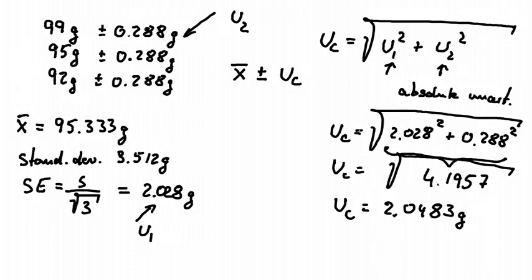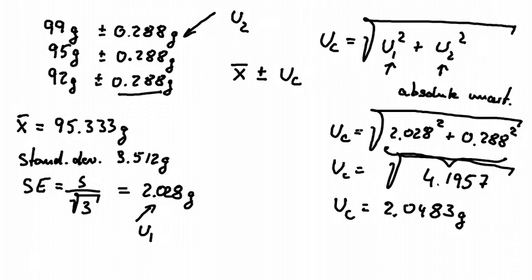So that's our combined uncertainty, where we combine the standard error for the sample uncertainty with the standard uncertainty from our device, from the uniform distribution.